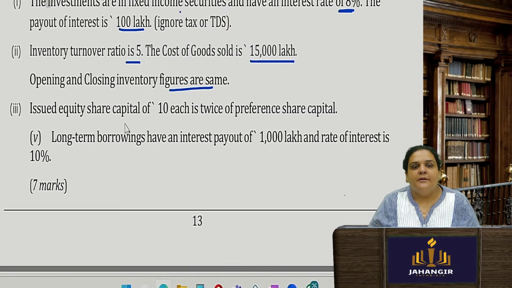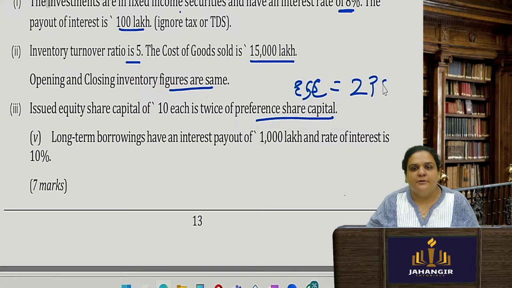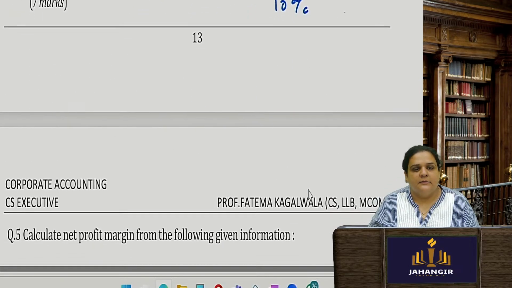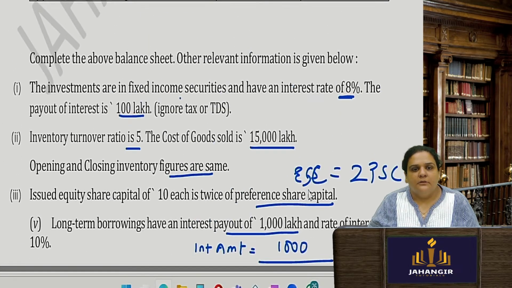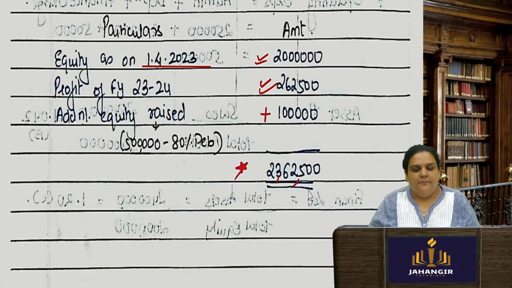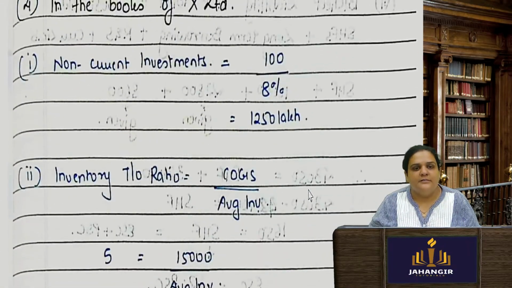Equity share capital of rupees 10 each is twice the preference share capital. Long-term borrowings have an interest amount of 1,000 lakhs and the rate of interest is 10%. Okay, easy, simple. It looks a little difficult but it is fine.